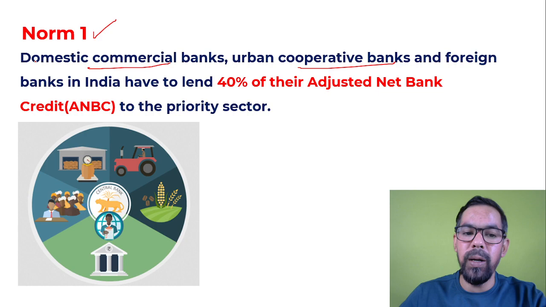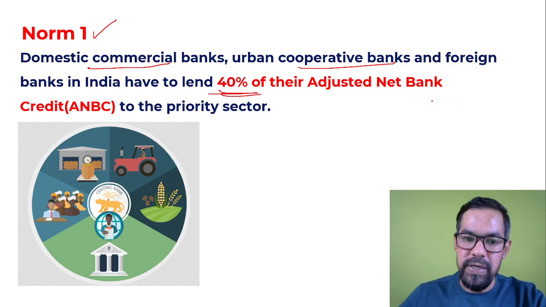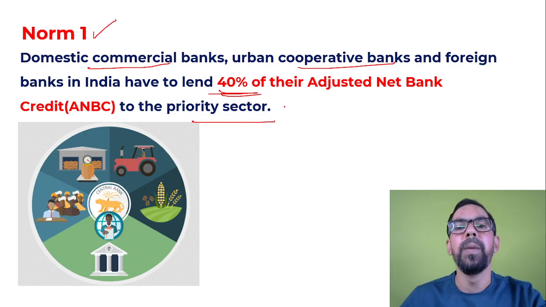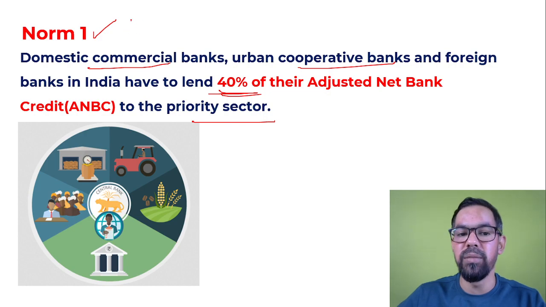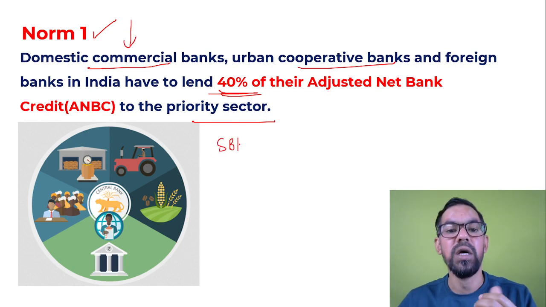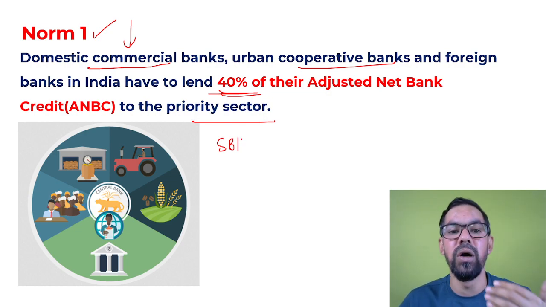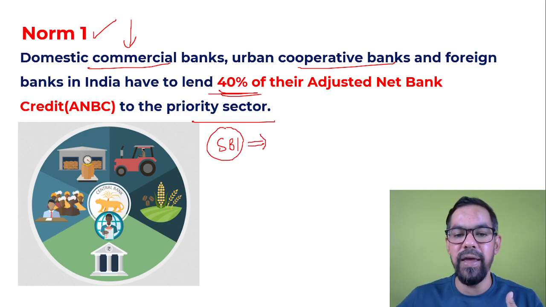And foreign banks in India have to lend 40% of their ANBC, adjusted net bank credit, to the priority sector. So if you talk about domestic commercial banks, we have State Bank of India, PNB, ICICI Bank, HDFC Bank. Let's say ICICI Bank: the ANBC, the adjusted net bank credit.